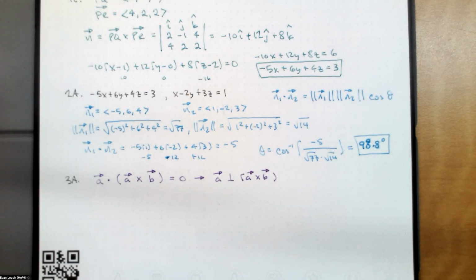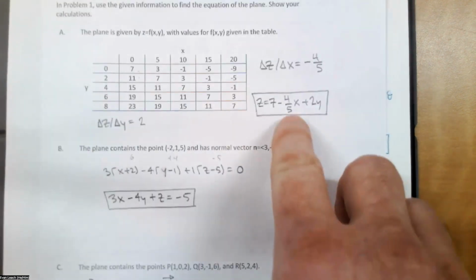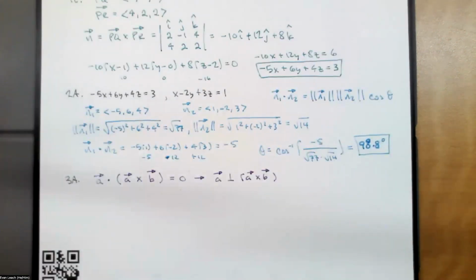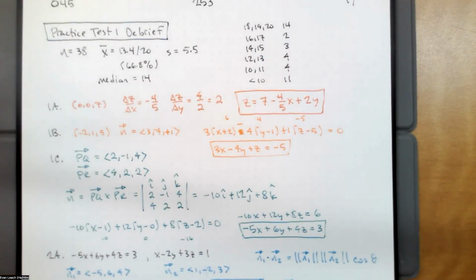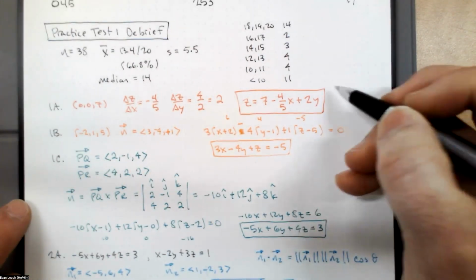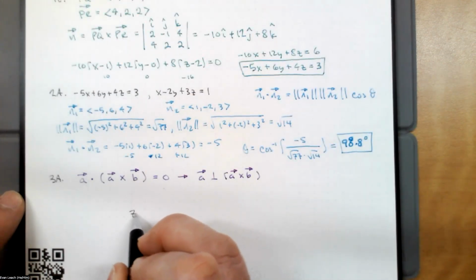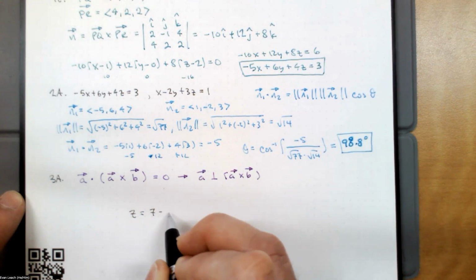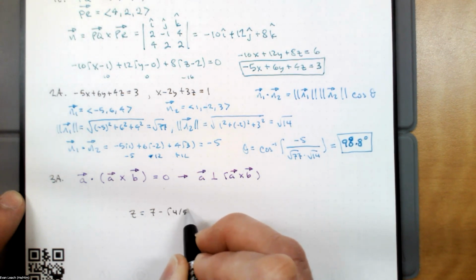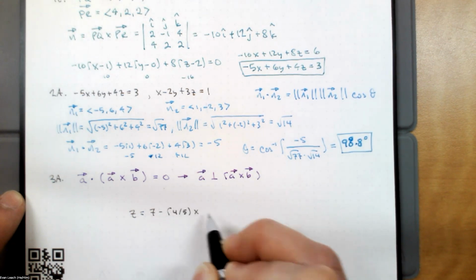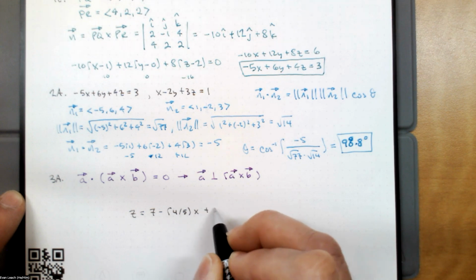Remember that if you're going to use coefficients, that's actually a great question. If you're going to put things in standard form, or if you're going to put things in single line syntax, is Z equals 7 minus 4/5. You need parentheses before you multiply by the X. You technically don't.